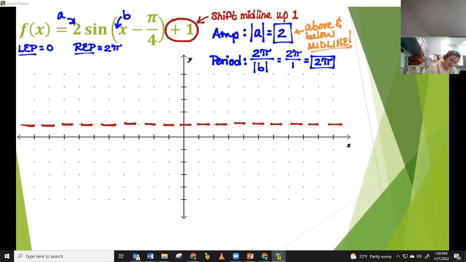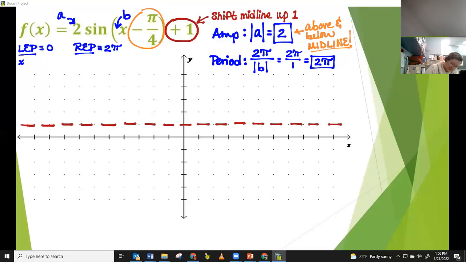We have some type of a shift happening here, and setting my left endpoint and my right endpoint equal to where it would be for the parent tells me exactly where this period is going to shift to for my transformation.